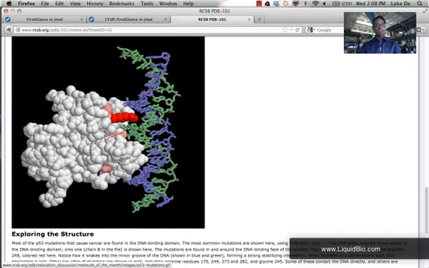And this protein here is involved in checking that DNA. And one of the ways it does is by coming close to this DNA. So this amino acid right here is positively charged. And in about 50% of cancers, there's actually a mutation in that specific amino acid. So the code for that amino acid that says this amino acid should be positive, and that allows it to bind to DNA, is switched.